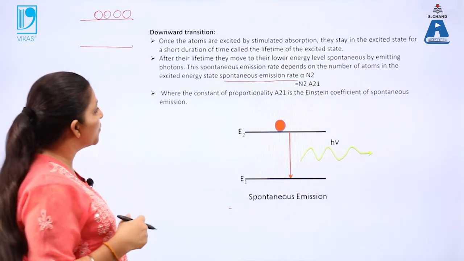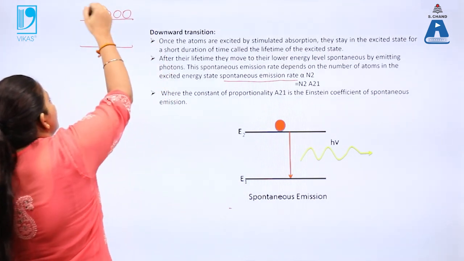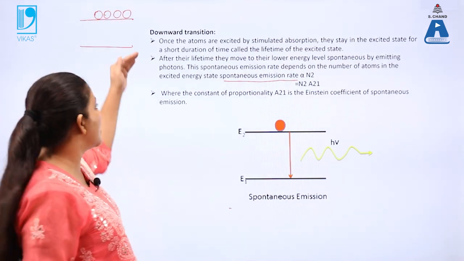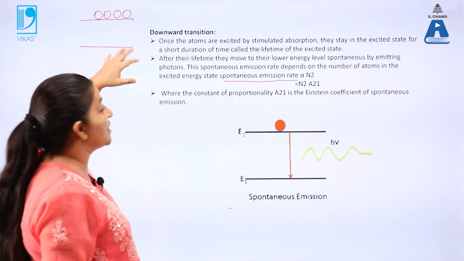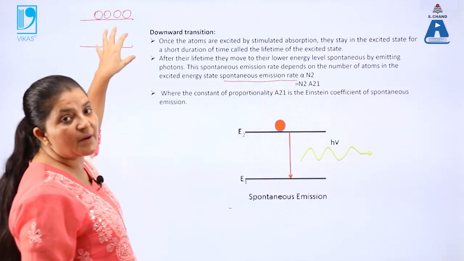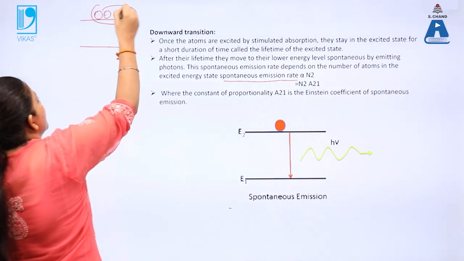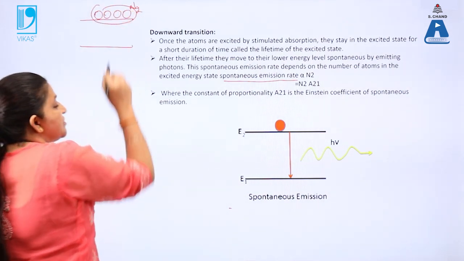In the spontaneous transitions, the atoms will jump back from the excited state to the ground state on their own. That means no energy is supplied to the atoms. So it will depend only on the number of atoms present in the excited state, which is N2.